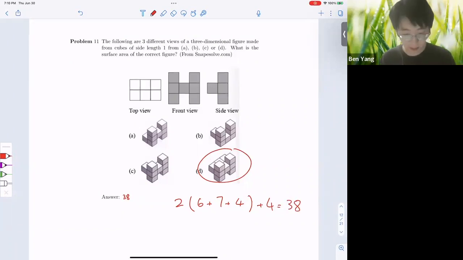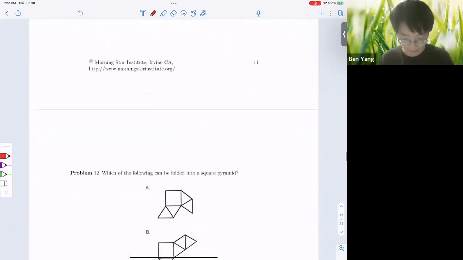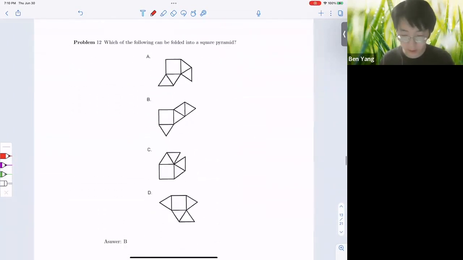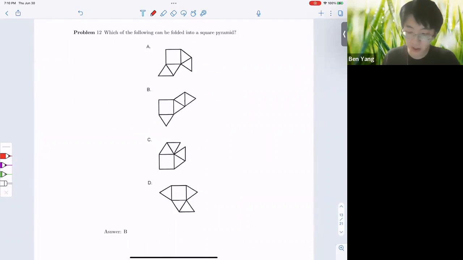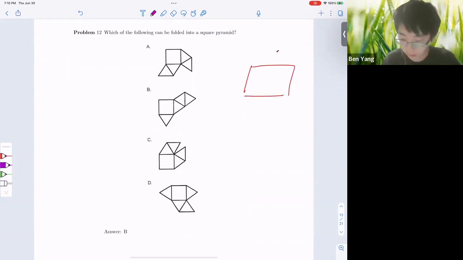Okay. Next one. Which of the following can be folded into a square pyramid? A square pyramid is like we have a square base, and then we have a point outside of the base, and we just connect that point to the 4 vertices there.